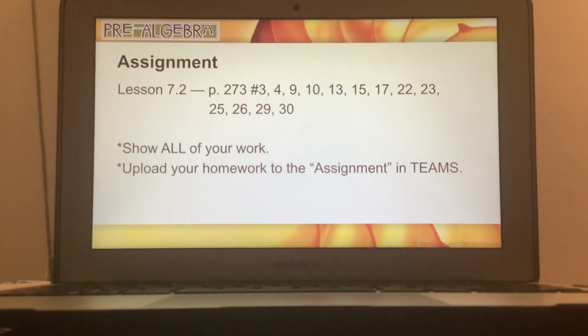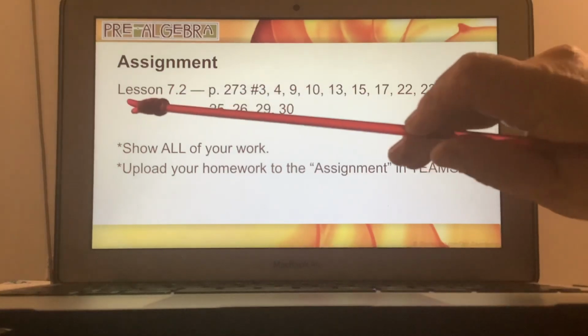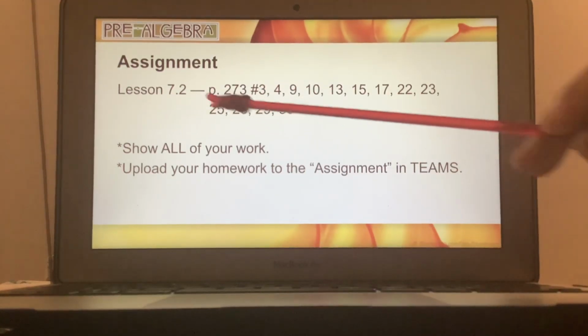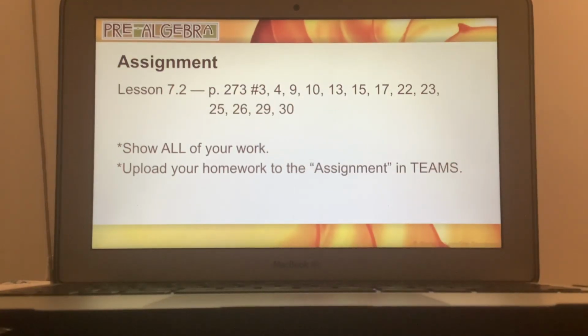Some of you have already been doing that, so great, just keep doing that. But the rest of you, if you've been emailing me, let's upload it in the Teams tab instead. So under the assignment tab, go to lesson 7.2 and just upload the picture of your homework. And again, make sure you do all of the steps and show all of your work.